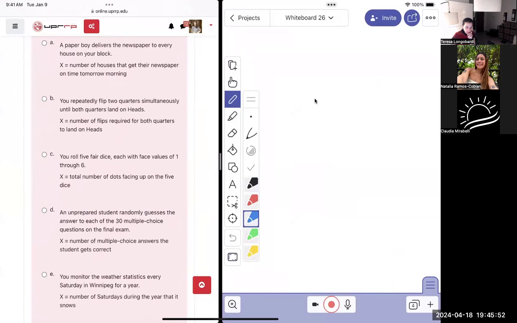All right, let's look together. For A, a paperboy delivers a newspaper to every house on your block. X is the number of houses that get their newspaper on time tomorrow morning. So what are we looking for in this problem?